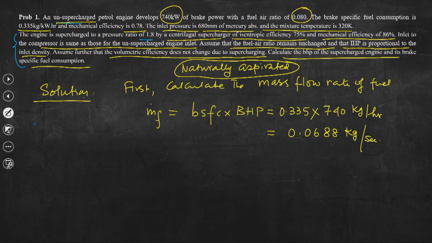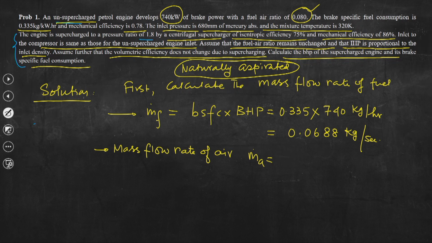So, having calculated the mass flow rate of fuel, we can calculate the mass flow rate of air, m dot A, because the fuel air ratio is given as 0.080.